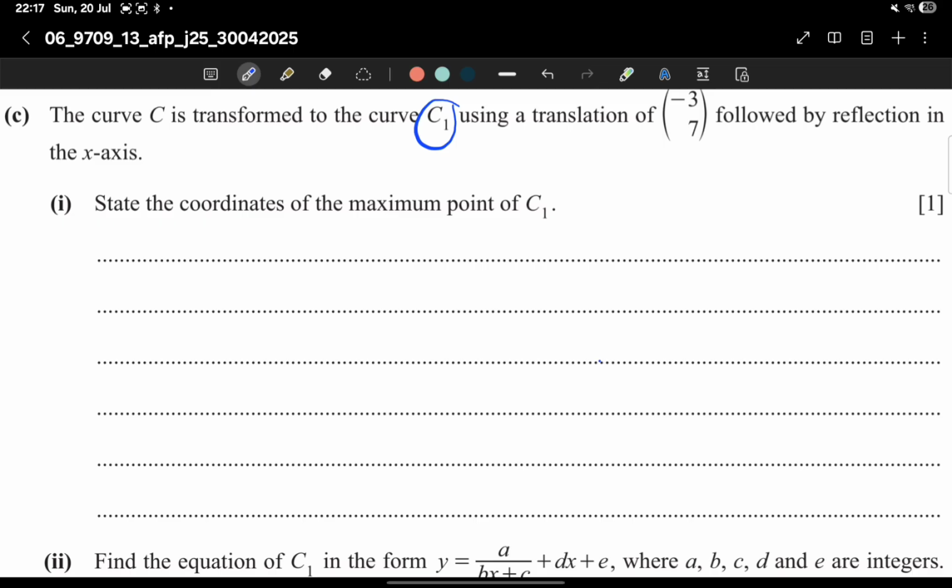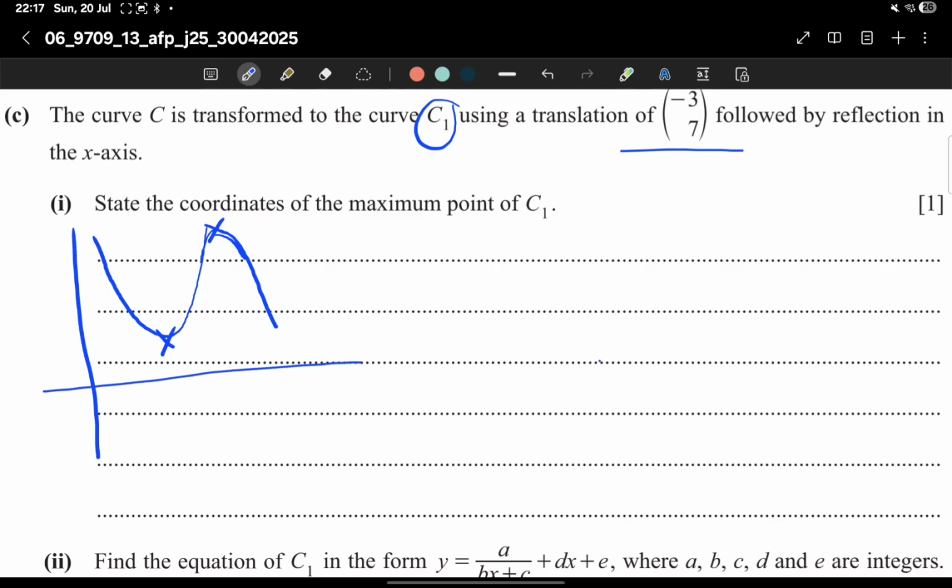So if our C was like this, for example, the original curve, we know it had a maximum and a minimum. So let's say it was something like this, right? A minimum and a maximum. Then this translation was applied.